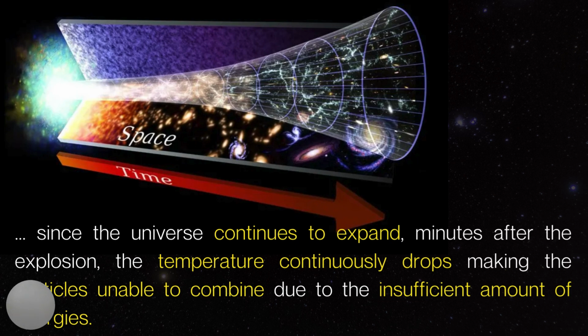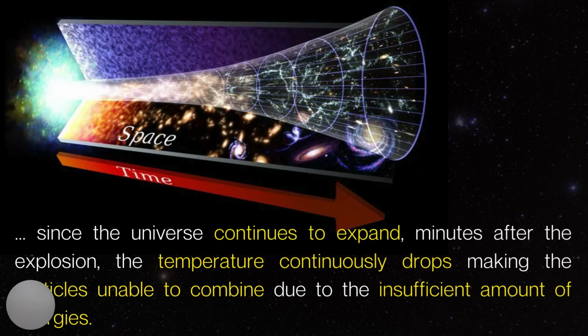So since the universe continues to expand, so as what I have said earlier, ang atong universe nagkalapad. So minutes after the explosion, the temperature continuously drops, making the particles unable to combine due to the insufficient amount of energies. So, kay magkalapad man ang universe nato, magkabugnaw. So once magkabugnaw, wala na kaayoy energy or gamay ra ang temperature.